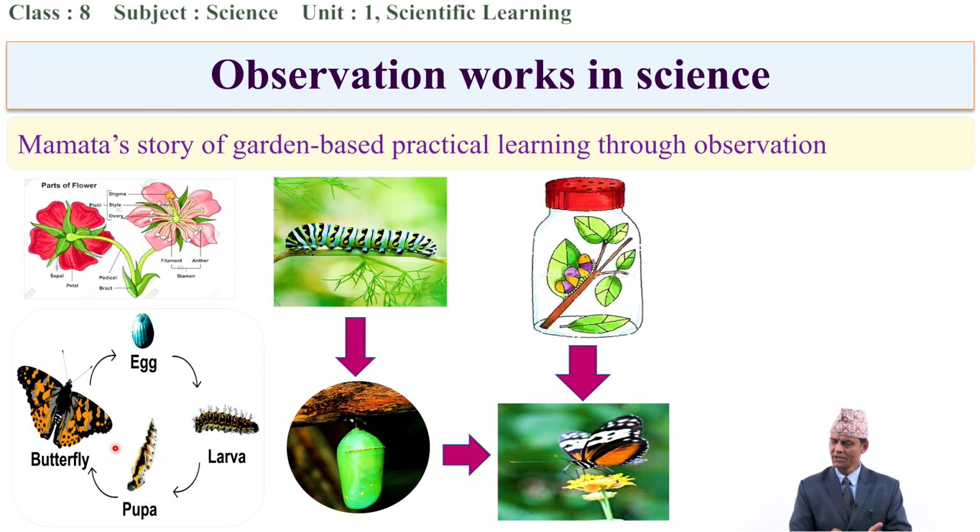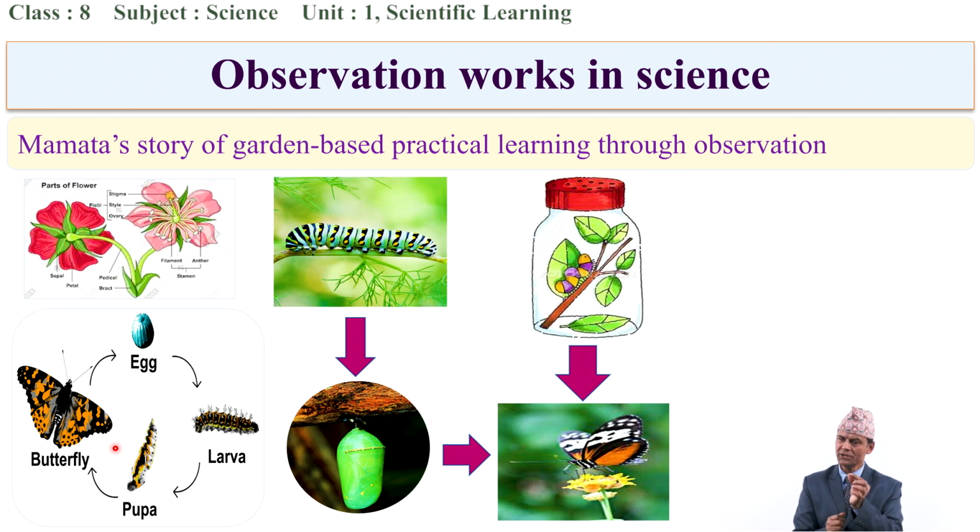and butterfly. So how did she study this type of interesting fact? Yes, by observation. She observed the life cycle of the butterfly carefully. She was scared, afraid of the caterpillar initially, but when she observed the beautiful butterfly, she was so happy. And you also do that, but be aware, don't touch a caterpillar with your bare hand.